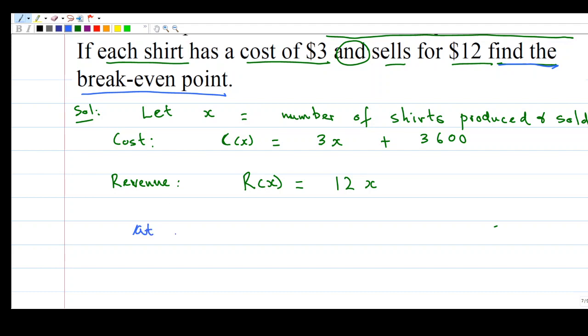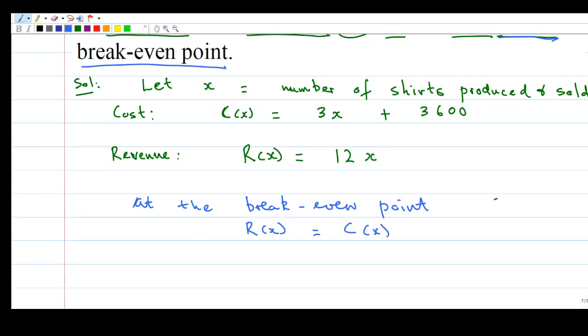We know that the revenue function is equal to the total cost function. So this implies now that 12x is equal to 3x plus 3,600.